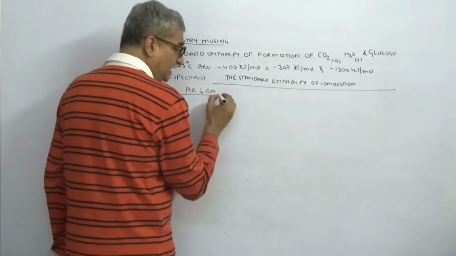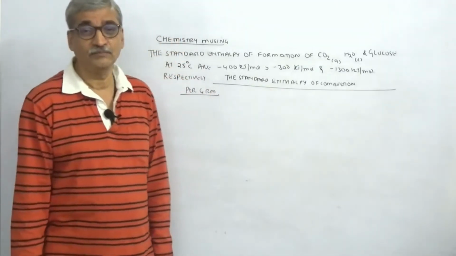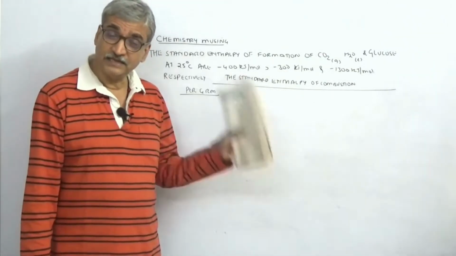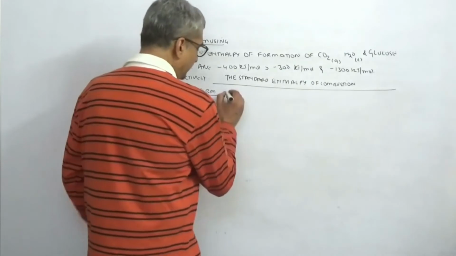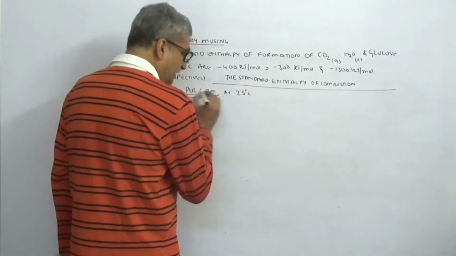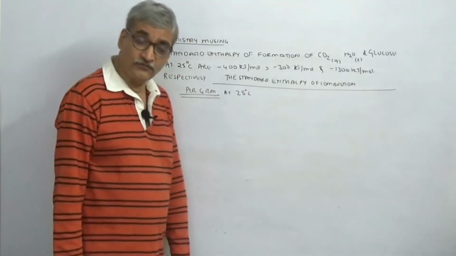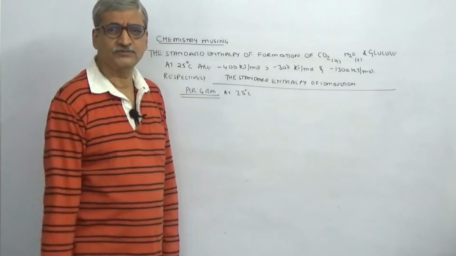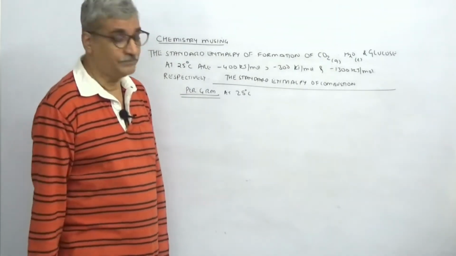Normally, the word enthalpy means it is for 1 mole. But here they are saying the enthalpy of combustion is to be calculated per gram at 25 degrees centigrade. So double underline this. This was the most important point, because out of 4 MCQs, 1 MCQ will always be for per mole. So you have to find it per gram.